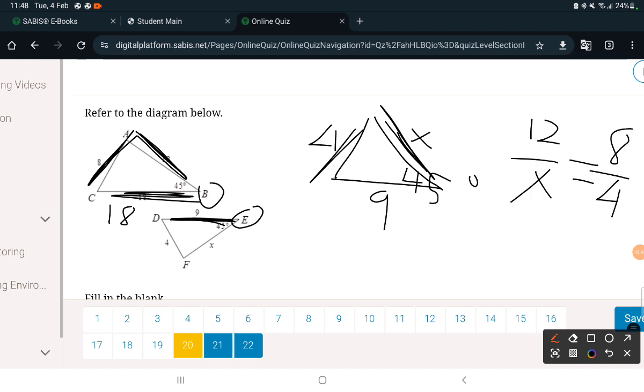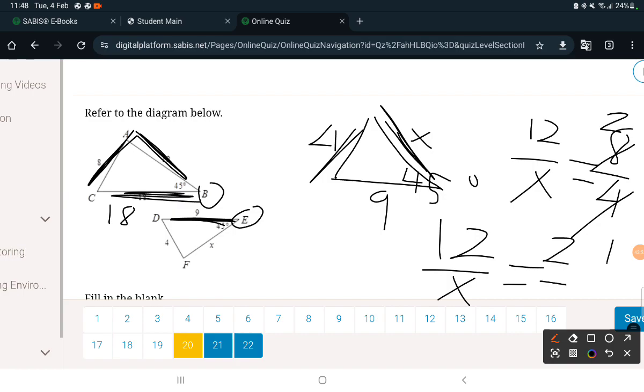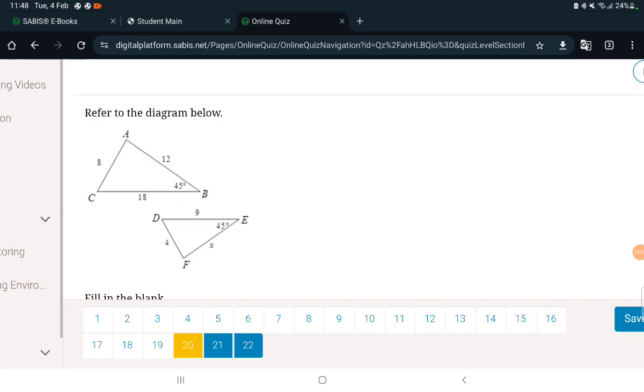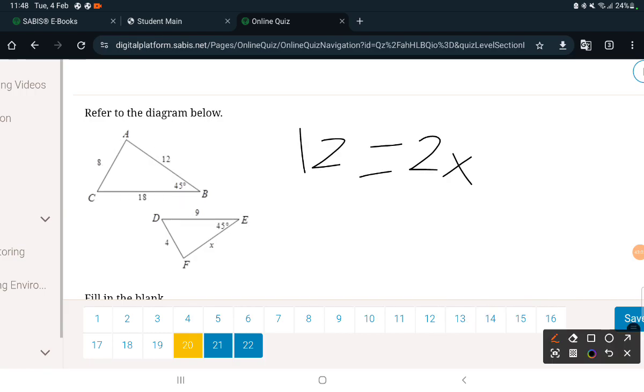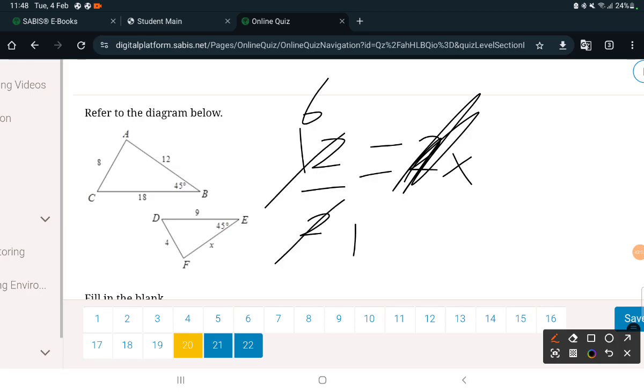So divide by 4, you'll get 2 over 1. So 12 over x is equal to 2 over 1. Cross multiply, you'll get 12 is equal to 2x, which is 12 divided by 2, that is just 6. So x is 6.